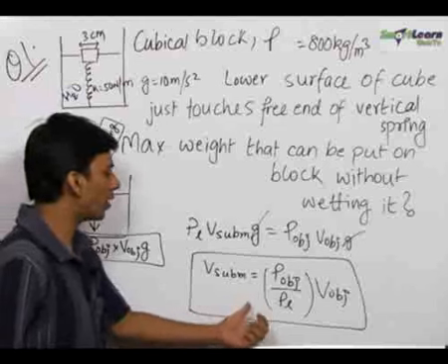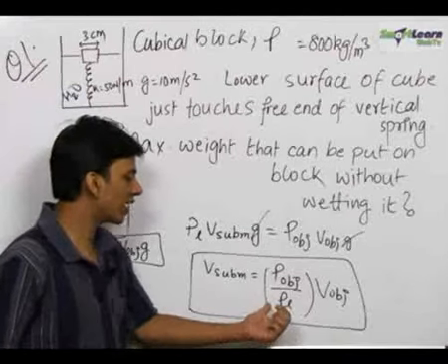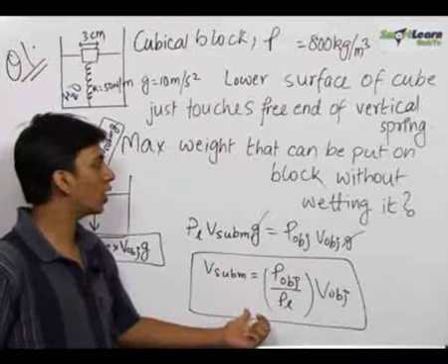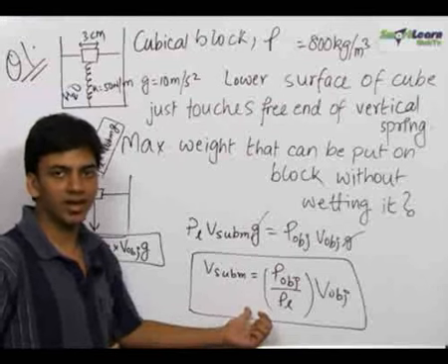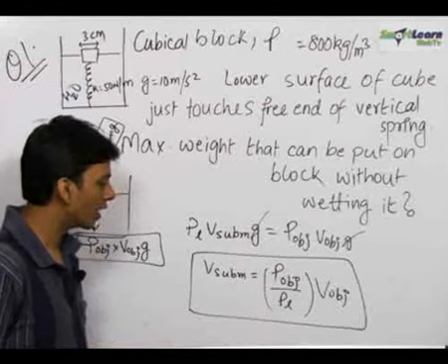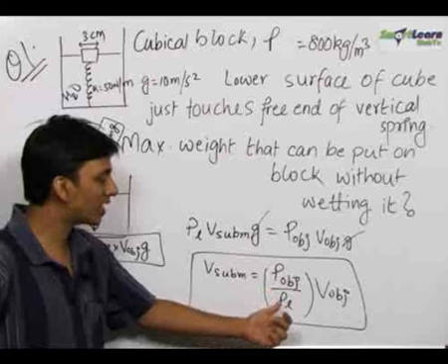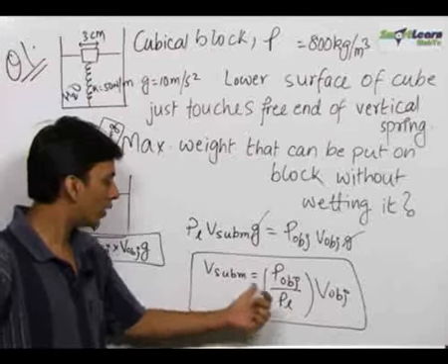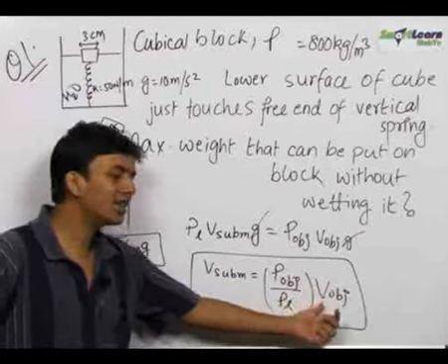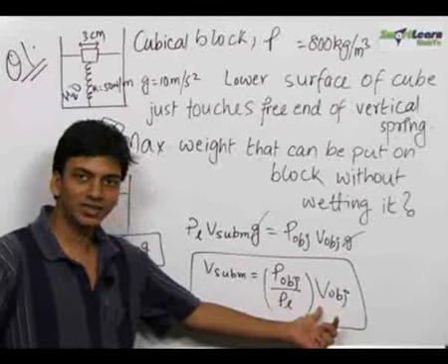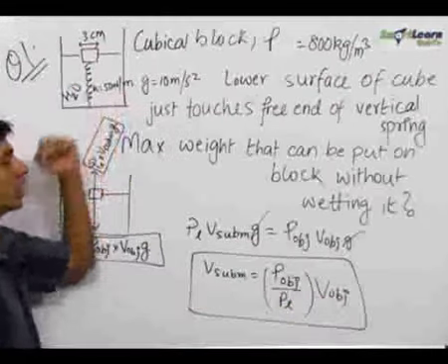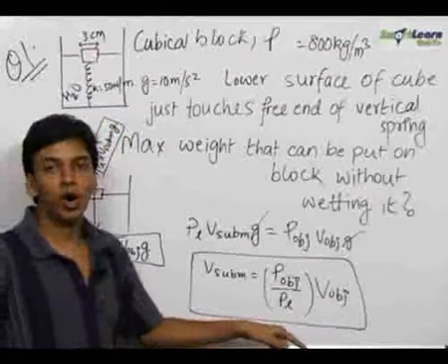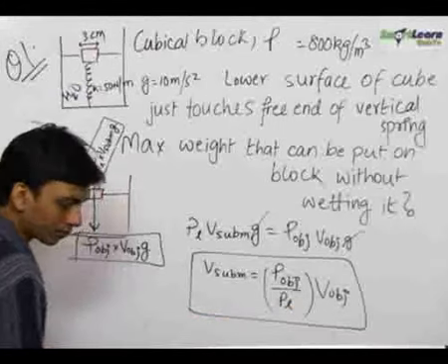This is an important formula you should remember, and this is the case whenever the object is floating in the liquid, whatever the situation. This is always true. Now if the density of the object is less than the density of the liquid, the volume submerged will be less than the volume of the object, that is, the object will be floating in the liquid, otherwise the object will sink in the liquid.